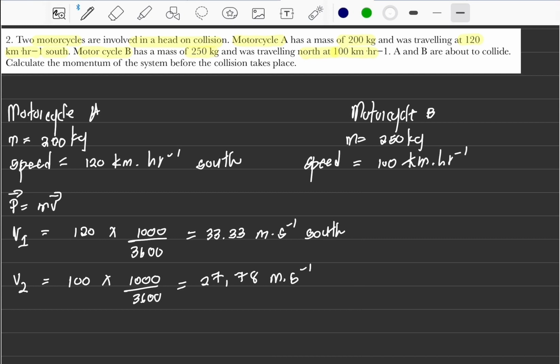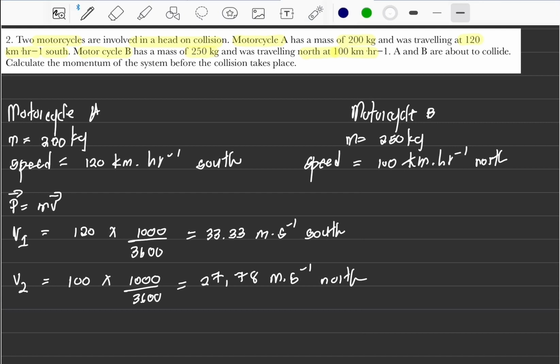To which direction? North. Never forget your direction or you'll be in trouble, because you can lose marks for not writing the direction, especially of velocity and acceleration as well. For any vector quantity, you have to write its magnitude as well as direction. You can't write one without the other.